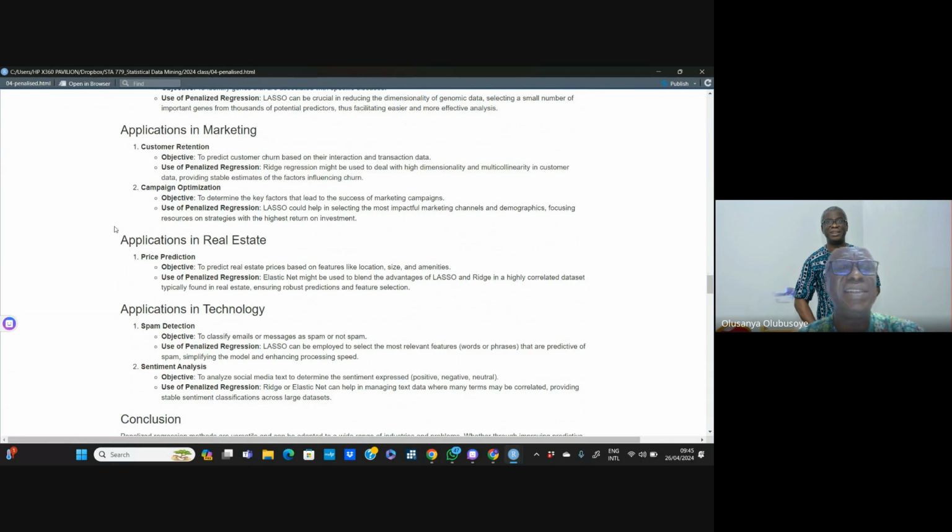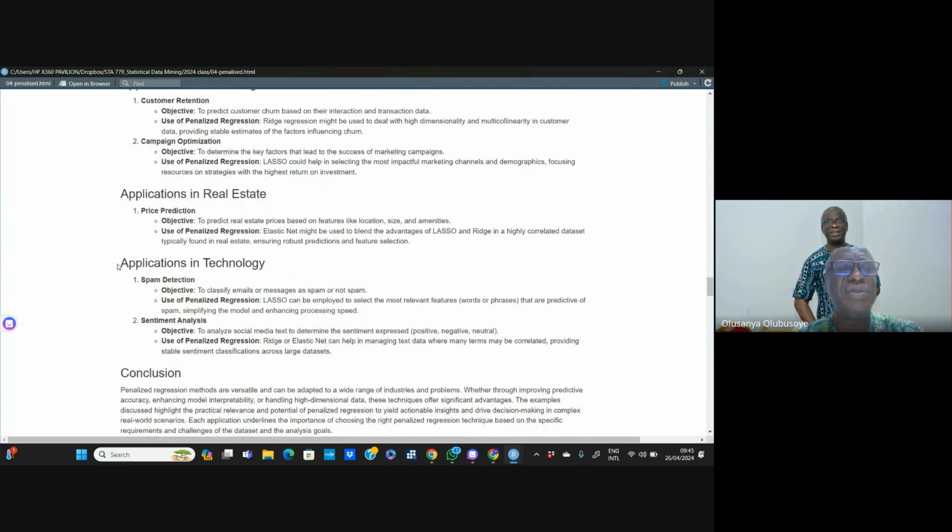You can apply it in real estate to predict price. You can apply it also in technology, in ICT, to detect spam, maybe to classify emails into spam or not spam.